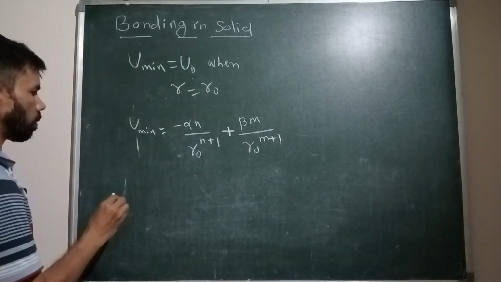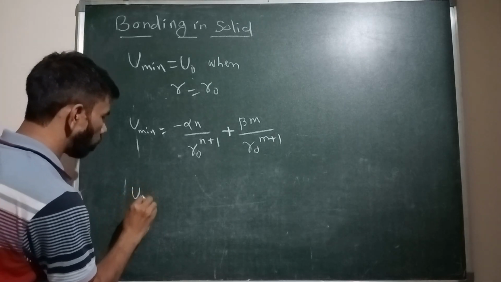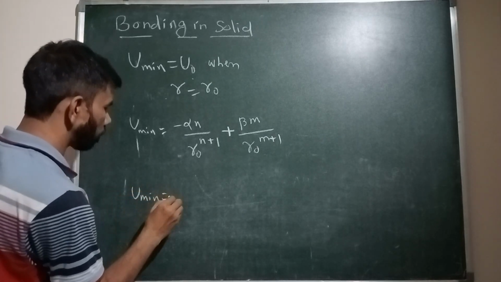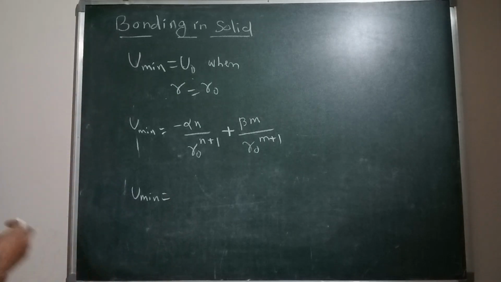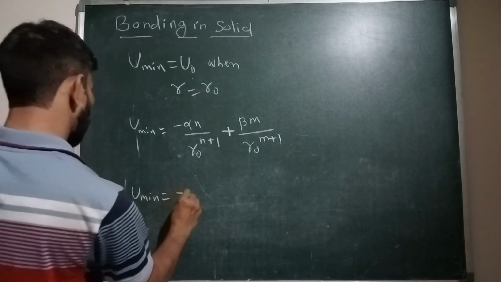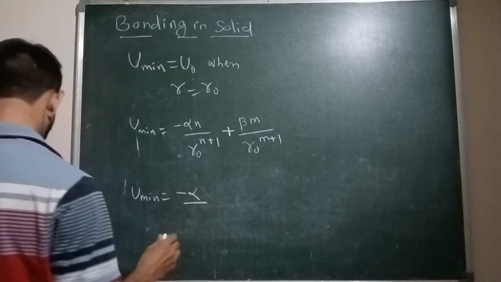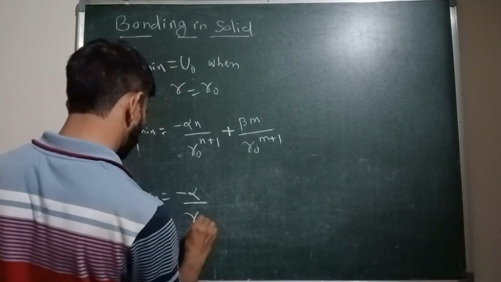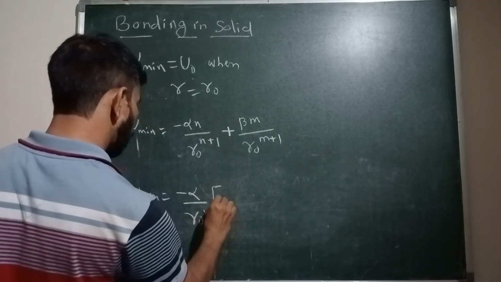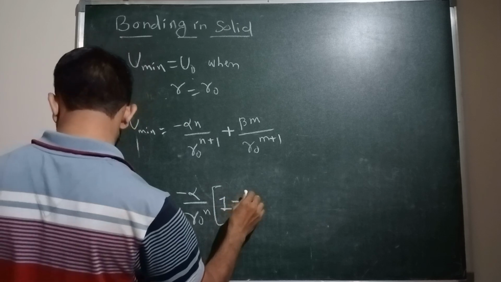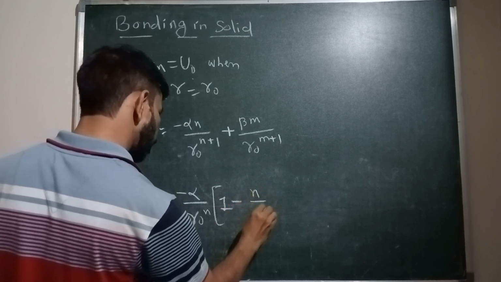When we solve, we get U minimum equals minus alpha upon R naught raised to power n, times 1 minus n by m.